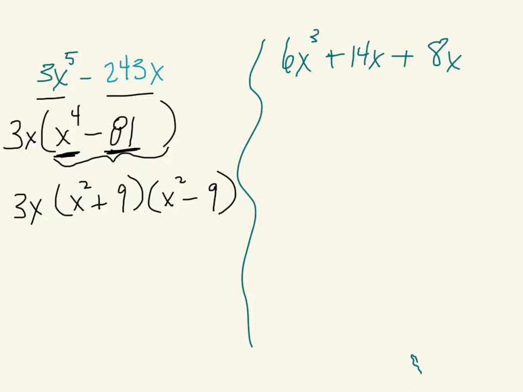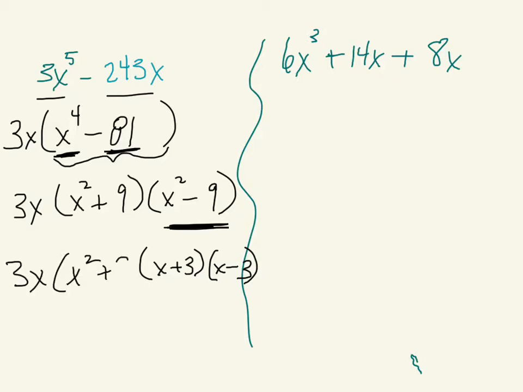And so then the very last step is look for special cases again. I want you to look at this one right here. This is a special case again. It's a difference of 2 squares again. It factors into x plus 3 and x minus 3. And you still have 3x, and you still have x squared plus 9. So this one factors into those 4 factors right there.